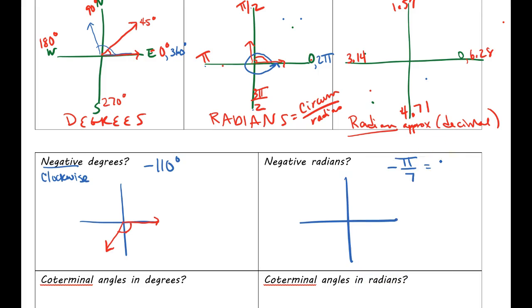Okay, so where would 0.44 be? Well, let's look back up here. If this is 1.57, then 0.44 might be about right there. Okay, so that would be if it was a positive pi over 7, but since there's a negative, I need to go this distance in the opposite direction. So I'm going to go that distance, but I'm going to do so down in this quadrant. So this angle right here, everybody, the red one, this is my negative pi over 7. This one that's in blue right here, that would have been if it was a positive. Okay, so hopefully that makes sense. It's going to get better with practice, I promise, but that is how it works.